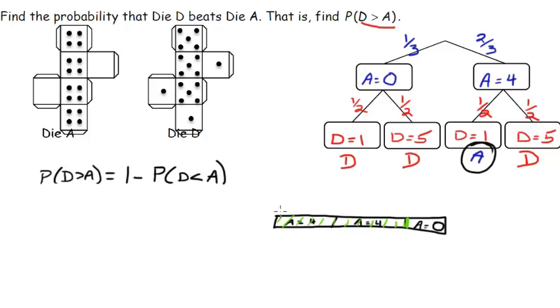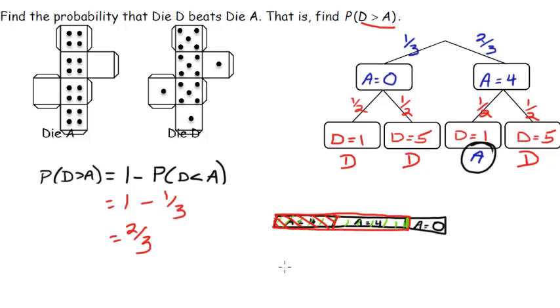So what's half of this 2/3 here? Well, if I took this 2/3 and I cut it in half, that's going to be this piece. So half of 2/3 would be a 1/3. So this is going to be 1 minus a 1/3, which is 2/3.